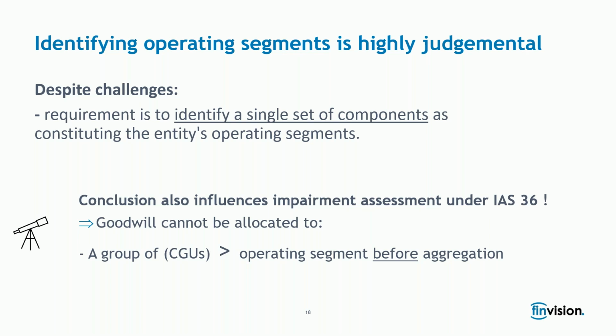Also important, there is a link with IAS 36 because IAS 36 refers to IFRS 8 and it says you cannot allocate goodwill to a group of CGUs or a CGU which is above the operating segment before aggregation. So identifying operating segments will also impact the level at which you can allocate the goodwill and also at which level impairment testing will have to be done.